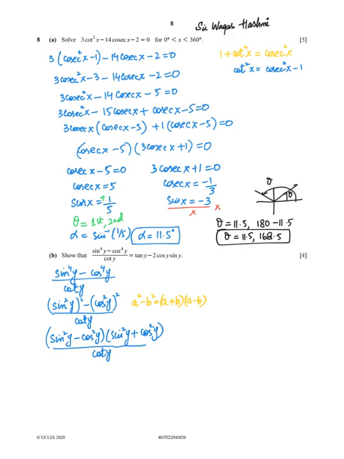Now we know that sin square y plus cos square y equals 1. So that bracket equals 1. So the leftover part is sin square y minus cos square y divided by cot y.